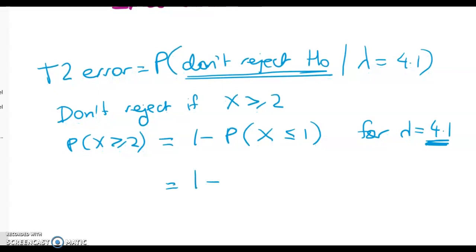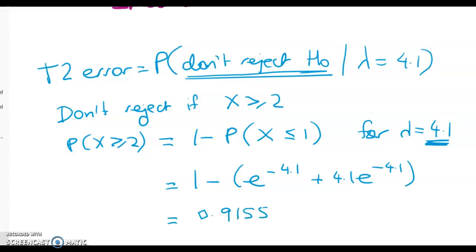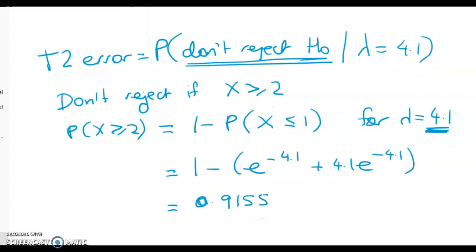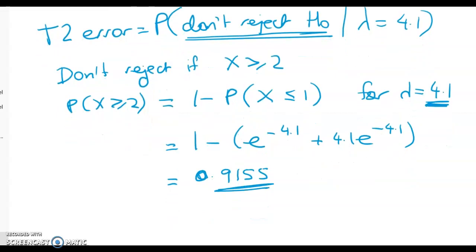So this is equal to 1 minus this, and that works out to be 0.9155. So you can see that this is a huge number, because my lambda value is below 5.2, but not massively below 5.2. So the chances that I don't reject are really, really high.